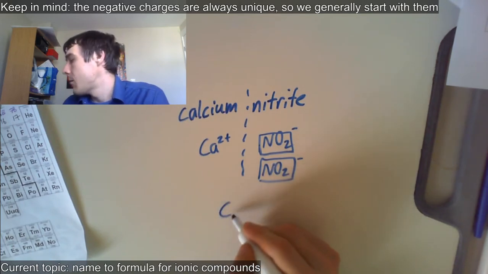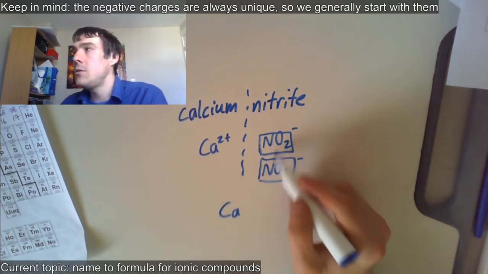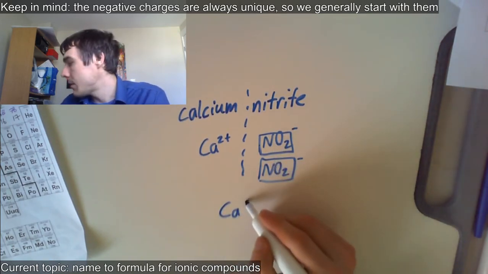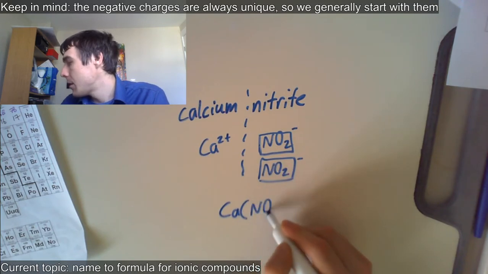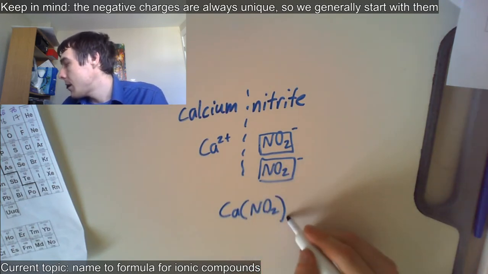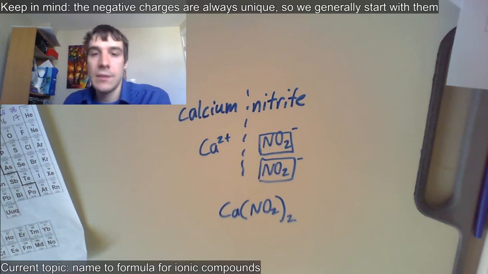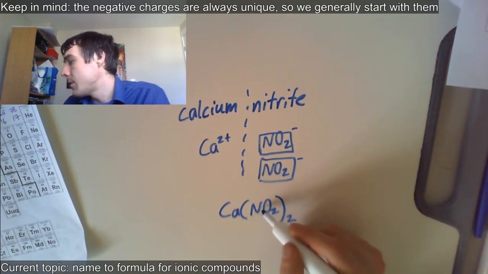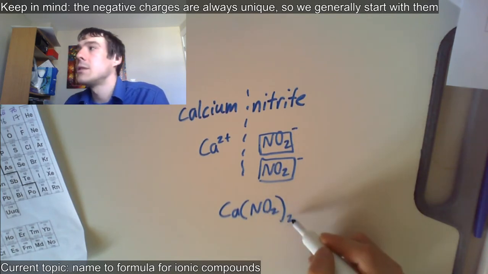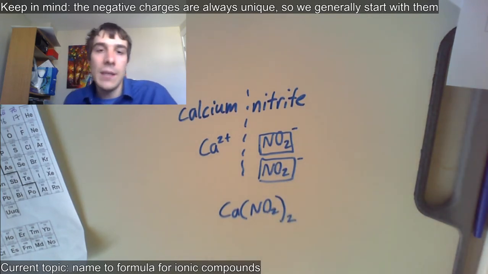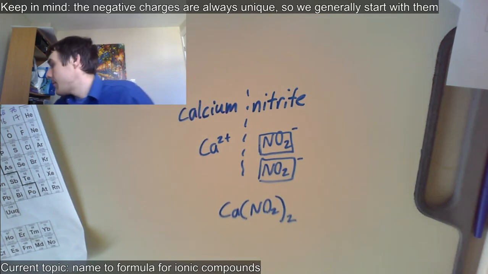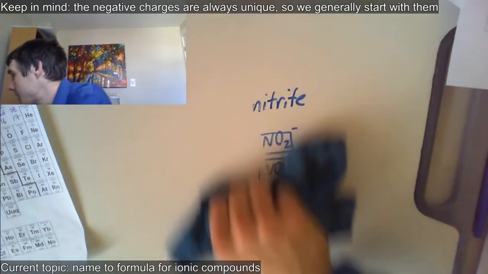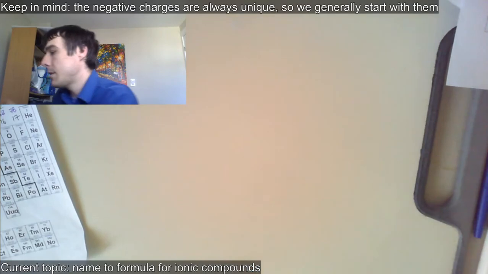We write 1 calcium, and then there's 2 of these blocks of nitrite. So we have to open up a bracket, put in the nitrite, and there's 2 of them. So that is the formula, calcium nitrite, Ca(NO2)2. And the 2 affects both of these, which tells us that there's 4 oxygens and 2 nitrogens in our formula. That's calcium nitrite. Let's kick it up a notch with something in the transition metal group.